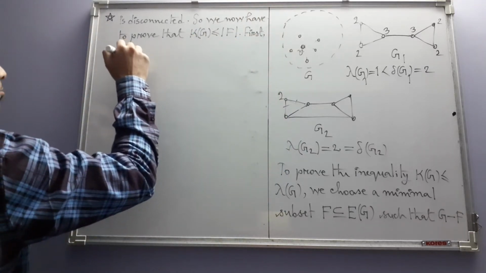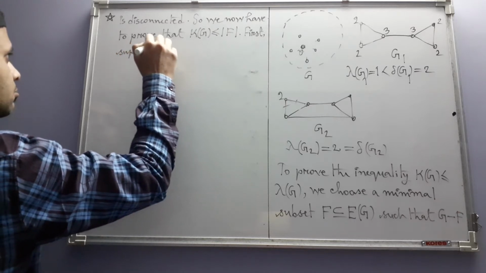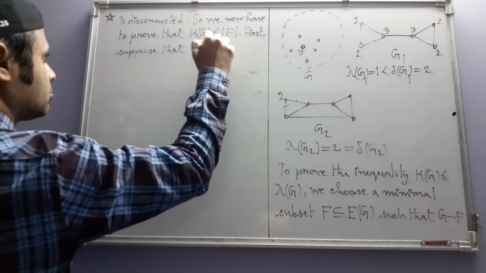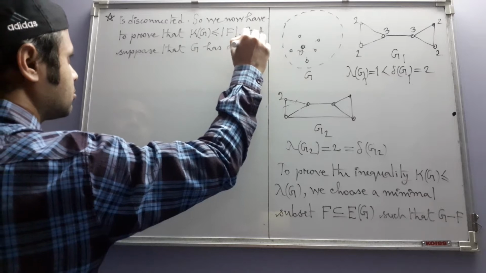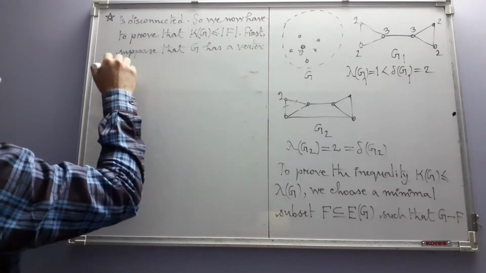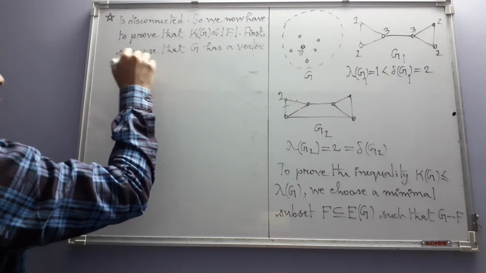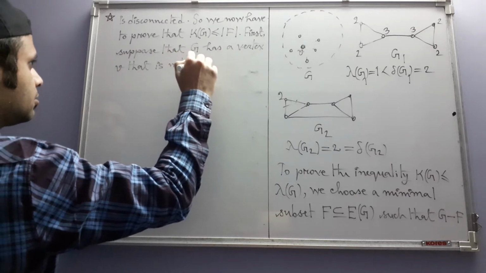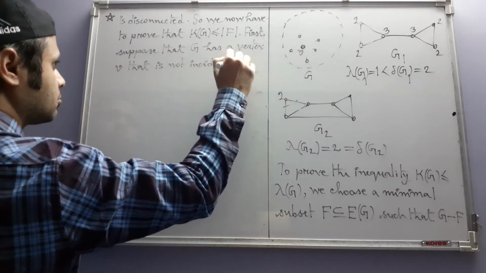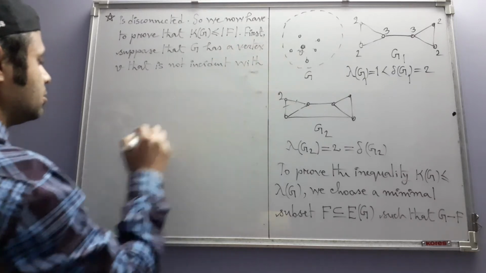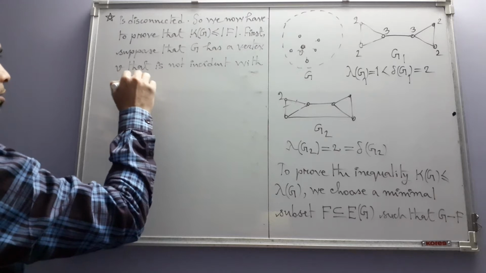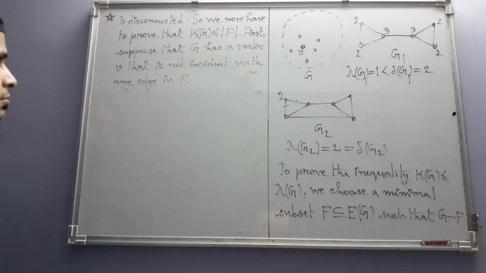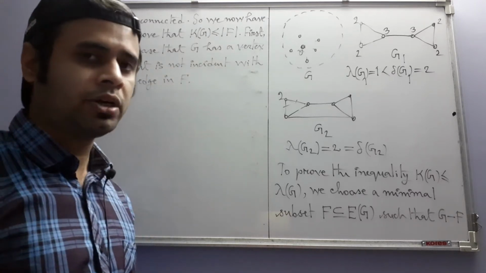First, suppose that G has a vertex V that is not incident with any edge in F. G may or may not have such a vertex.